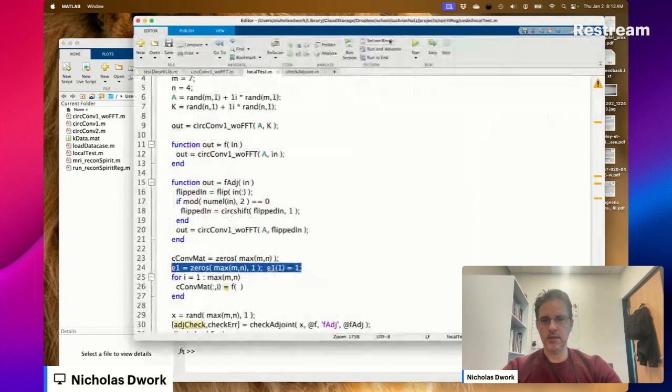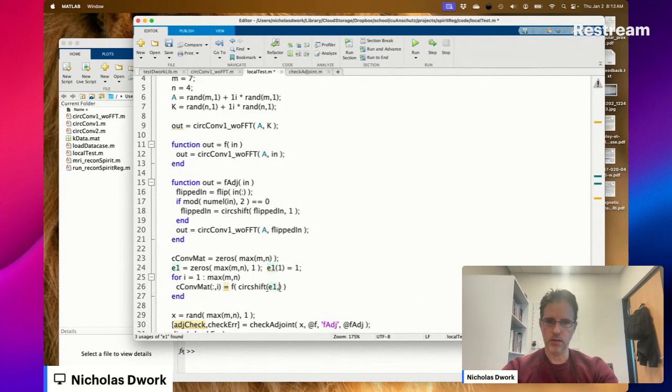Right? It's the first element of the standard basis. That should be the matrix.